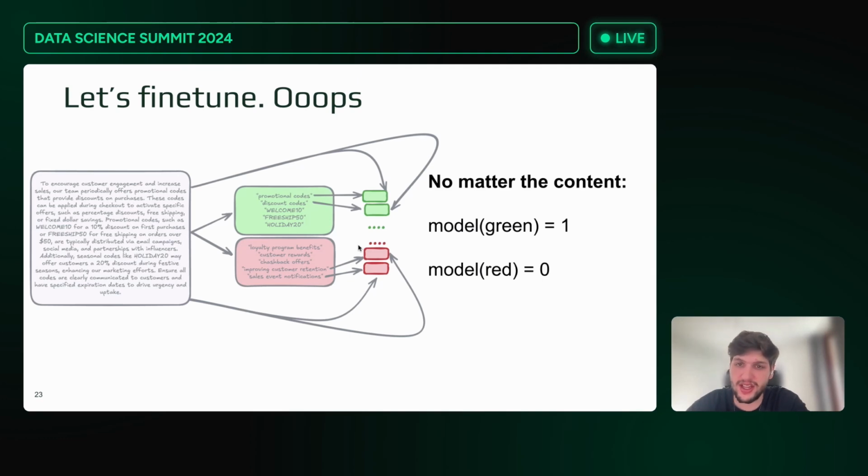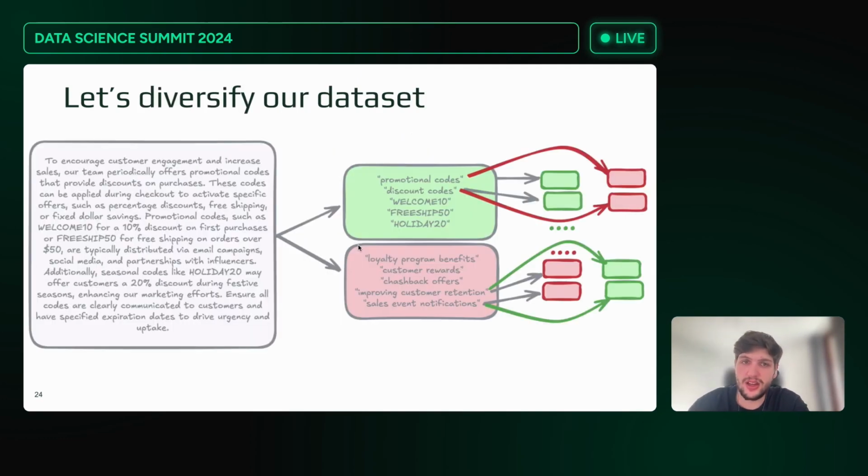And the way you fix that is by diversifying the data set. So instead of just generating positive pairs from promotional codes and discounts, we also need to generate negative pairs, which means we need to find content for which there is no match with promotional codes, right? And how do we do that? Well, for the top one here, to get a negative piece of content that doesn't match promotional codes, that is relatively easy, right?